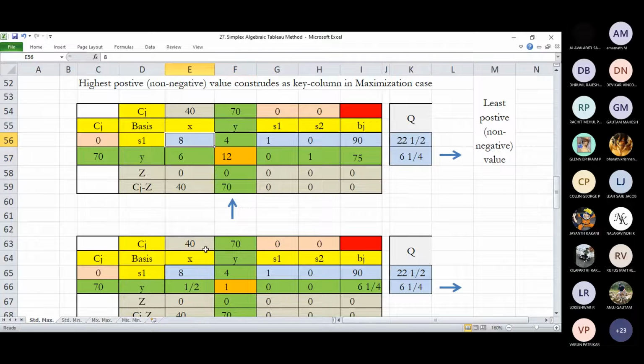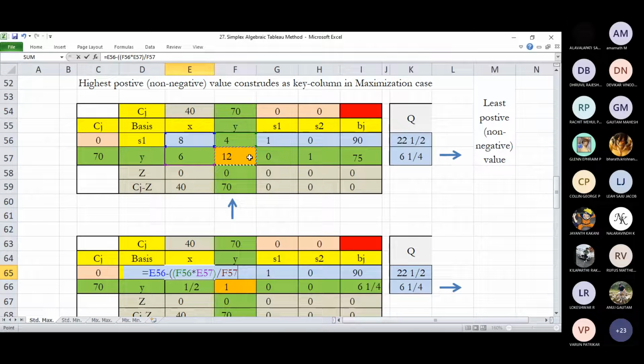So for this case, I repeat: to make this element become the factor, we take the original number minus the multiplication of the factors, that is, the key column element multiplied by its key row element, divided by the pivot element, right?